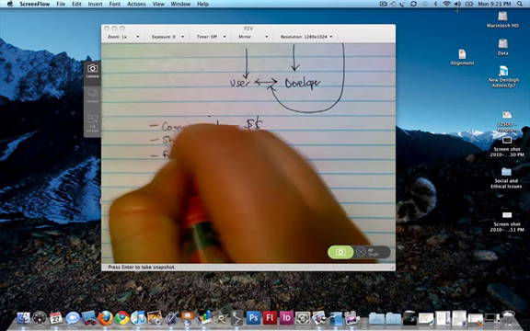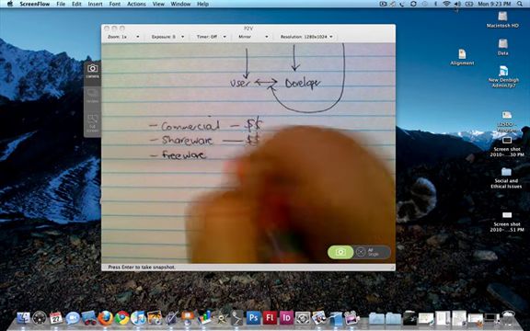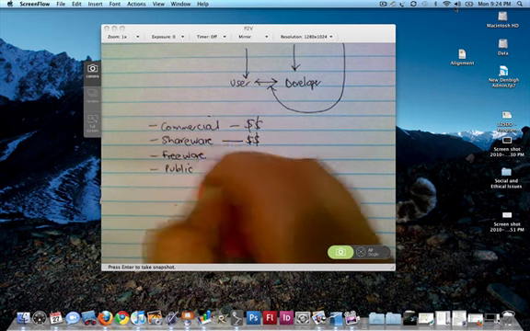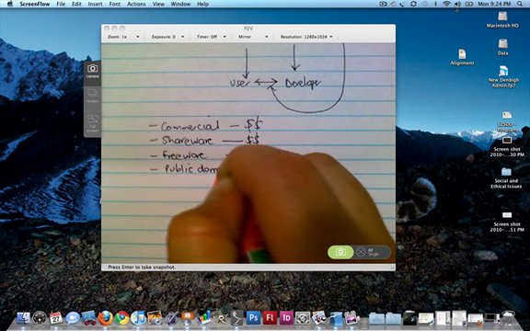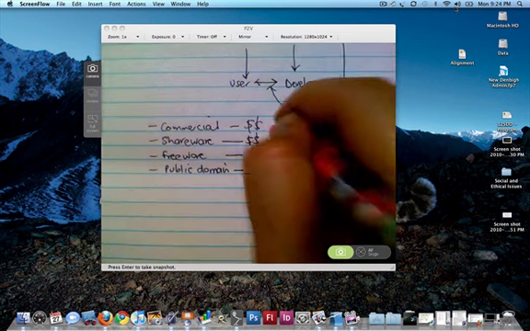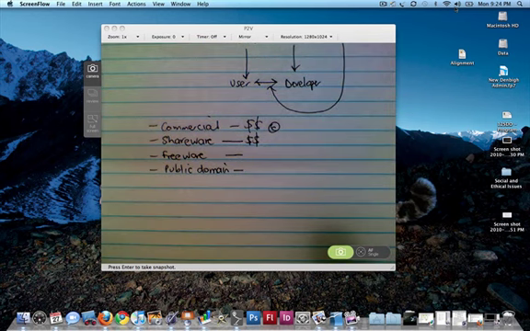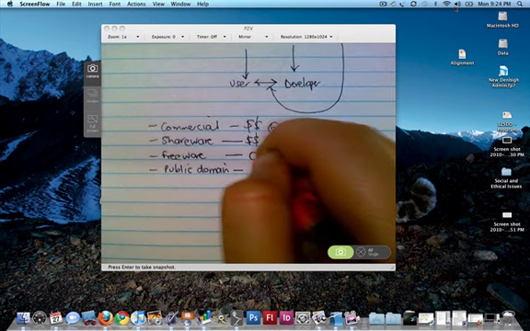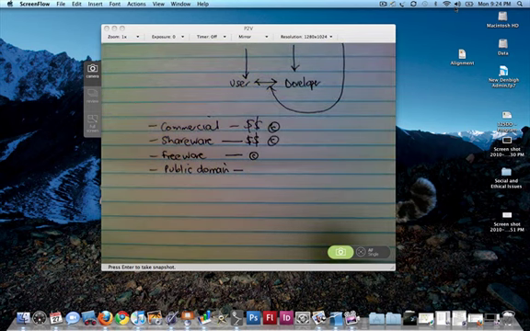We have freeware, which is no money, and we have public domain, which once again we don't have to pay for. Obviously, commercial is covered by copyright, shareware is covered by copyright, freeware is covered by copyright, public domain is not.